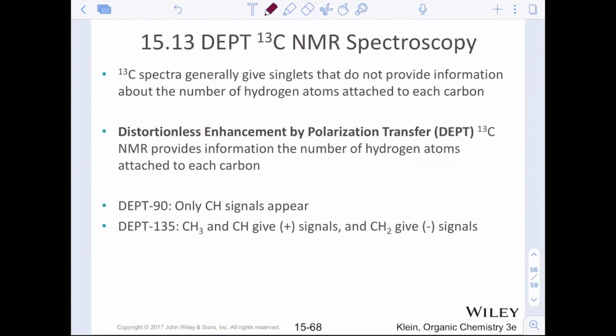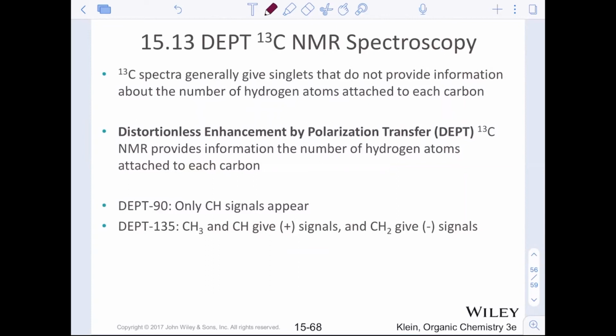Now, the distortionless enhancement by polarization transfer, or DEPT, carbon-13 NMR spectroscopy is extremely helpful because carbon-13 only gives singlets, and it doesn't provide information about numbers of hydrogens attached to each atom or neighbors or anything like that. Carbon-13 by itself is actually pretty difficult to analyze. We like using DEPT carbon-13 NMR because it can provide more information on the number of hydrogen atoms attached to each carbon.